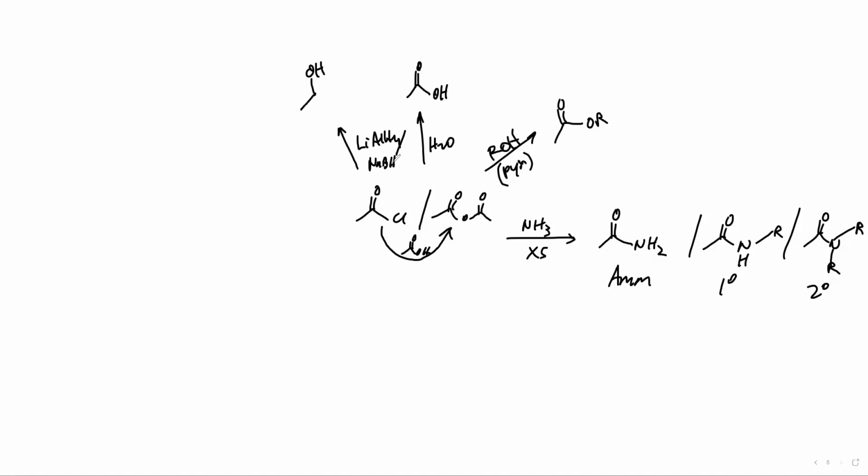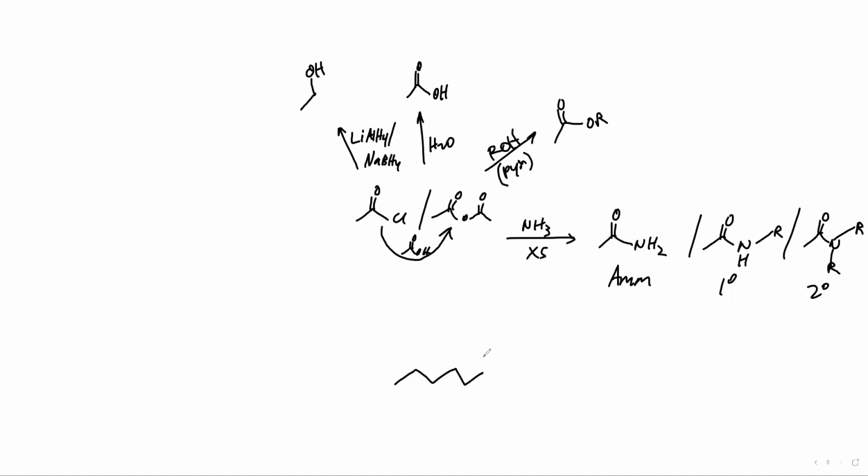NaBH4 will actually also work. So remember that the acyl halide and anhydride are the super reactive derivatives. And I know that I didn't mention too much about NaBH4, but it is something worth considering if we ever need to do a chemoselective reaction. And you'll see what I mean by that when we look at the syntheses. Okay, but NaBH4, the weaker version, will also react with acyl halides and anhydrides.